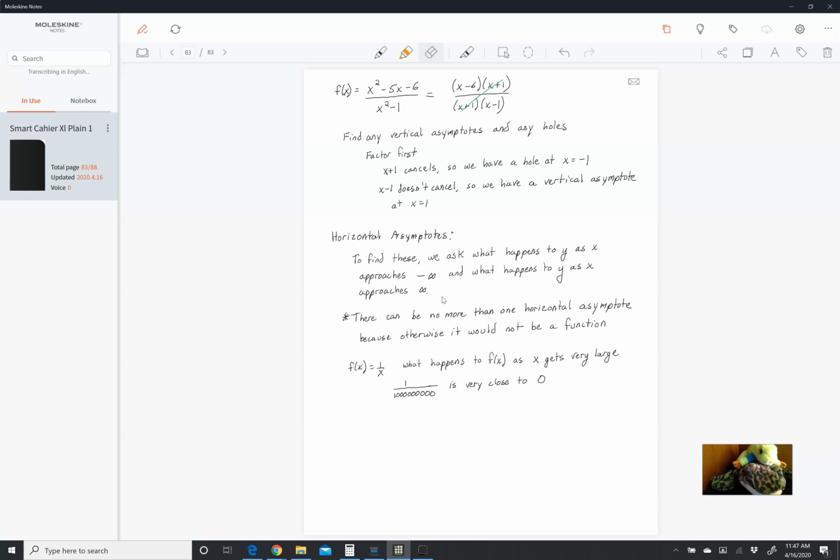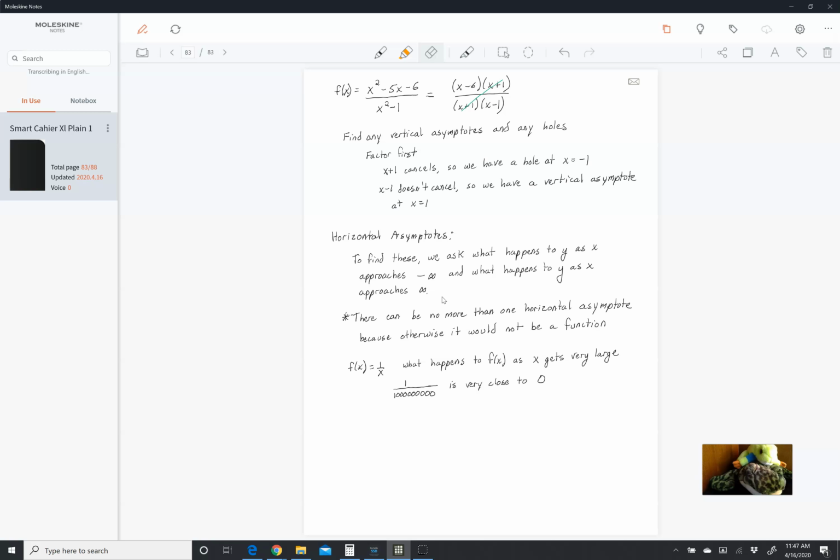Right? So our denominator increases, and as it increases, 1 over x gets closer and closer to 0. If we had 1 over a trillion or 1 over a quadrillion, it gets very, very, very close to 0.